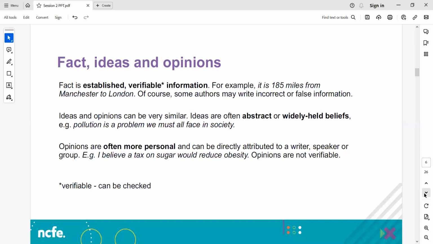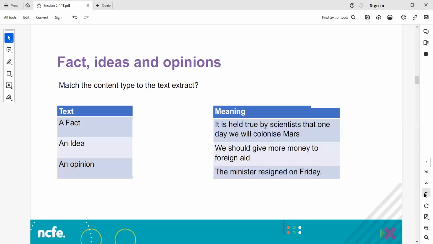I know that pollution is really bad in this river because my house backs onto the river and I've seen this, that and the other happening. So opinions are not verifiable. They are what somebody thinks themselves.